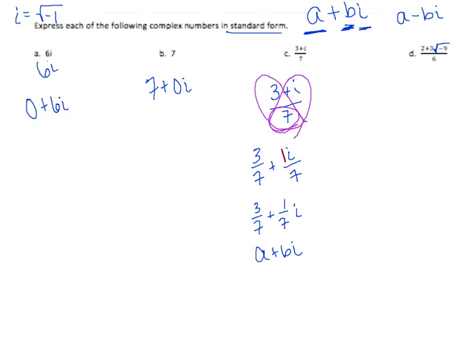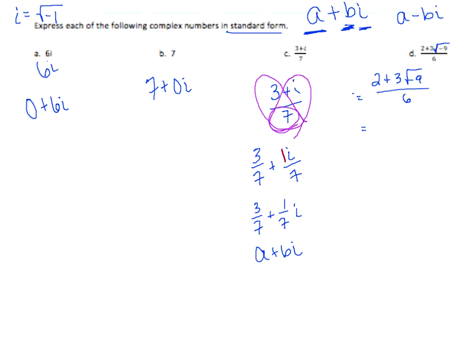So the first thing I'm going to do is simplify the square root of -9. I can't leave it that way. So I'll just rewrite this so it's easier seen: 2 plus 3 times the square root of -9 over 6.